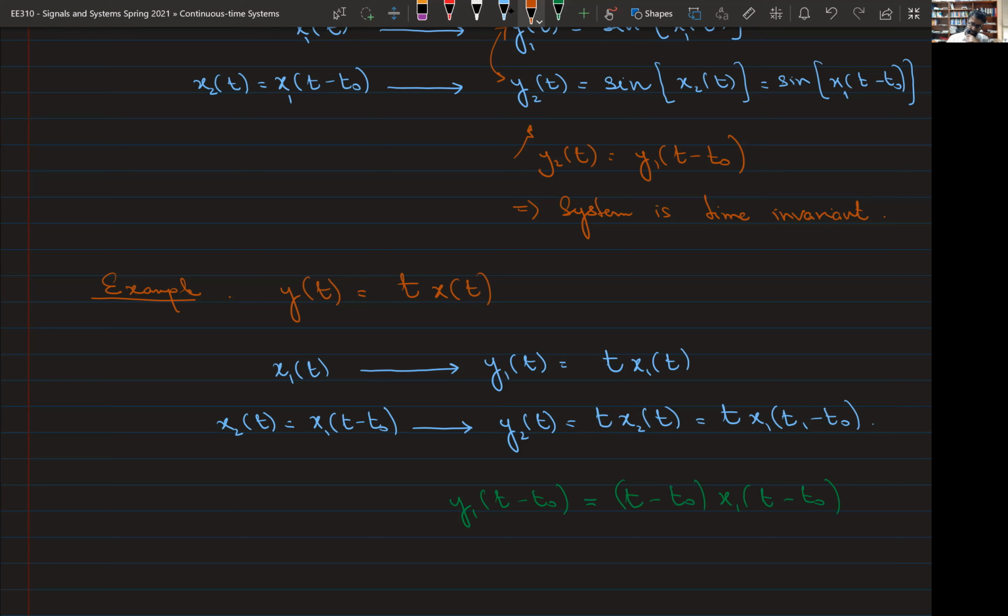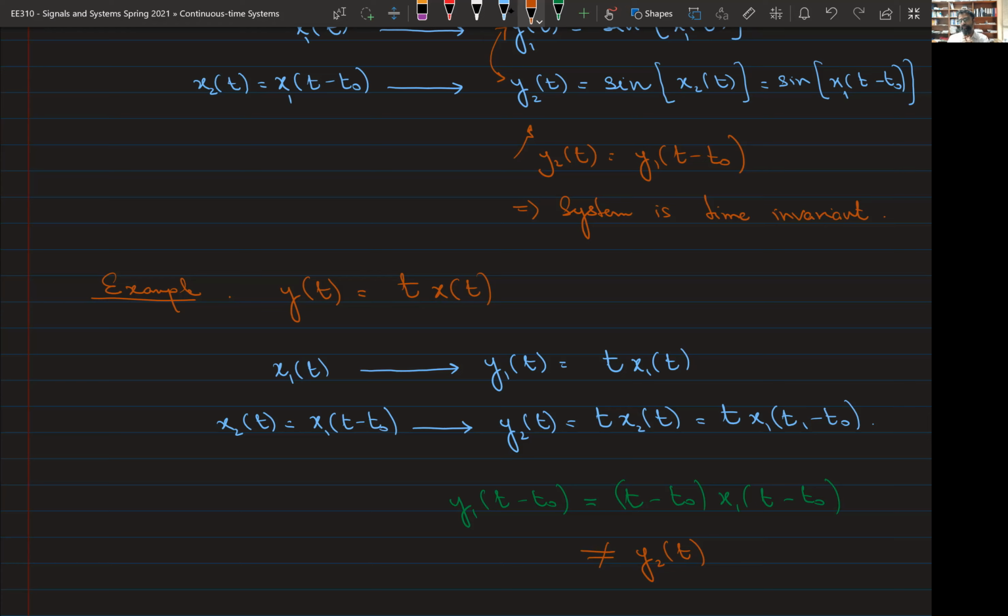No, sir. It's not equal to y2 of t. So the shift of y1 is not equal to the output that I get when I shift the input. So what I conclude is that a shift in the input by t naught seconds does not always result in a shift in the output by t naught seconds.